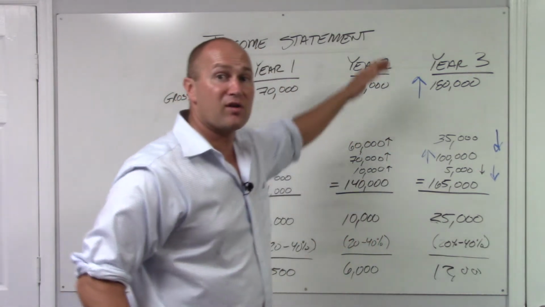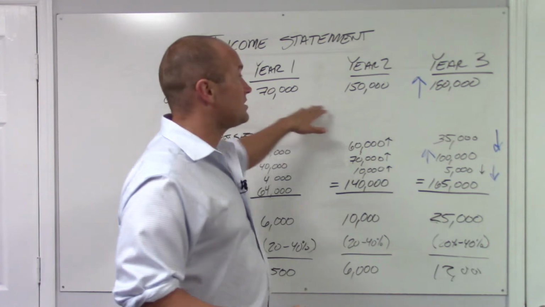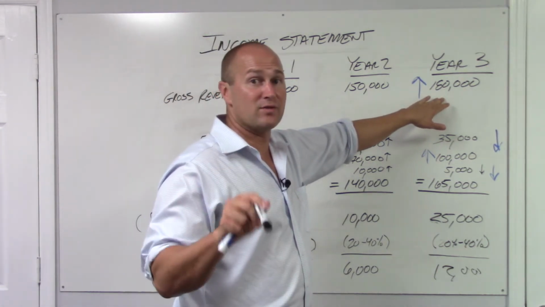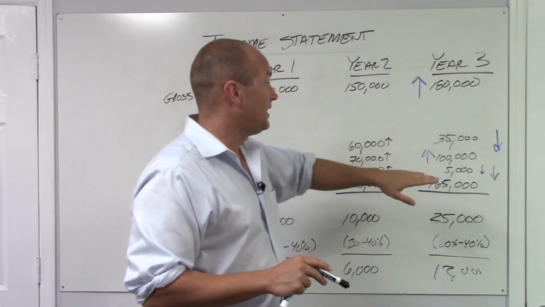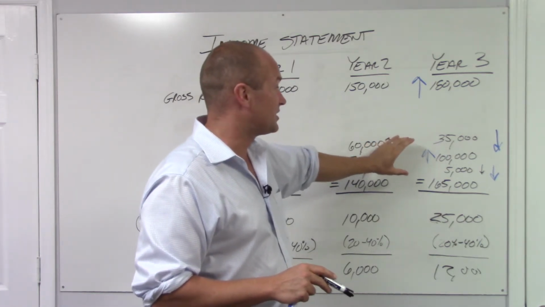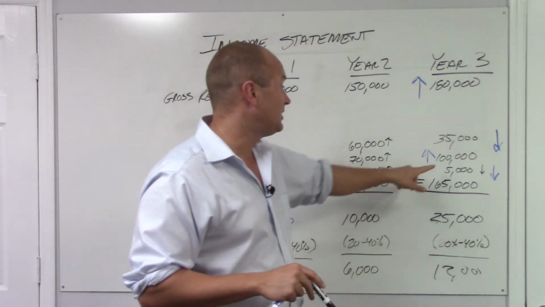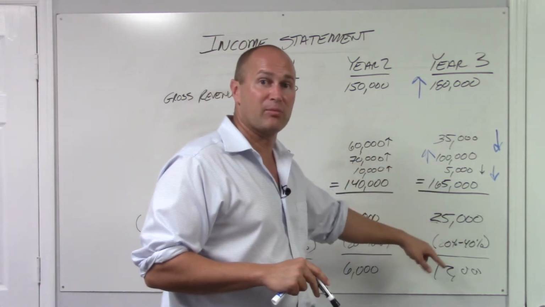So this is where the art of business and where you have to learn how to run a business good comes in, because your strategy should be increasing your revenue year to year to year. And where you have to get good at is can you run your business efficient and with the least expenses possible? And that will give you the opportunity to pay yourself more or be able to generate more profits at the end.